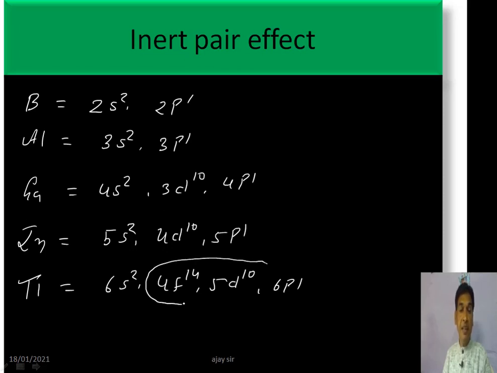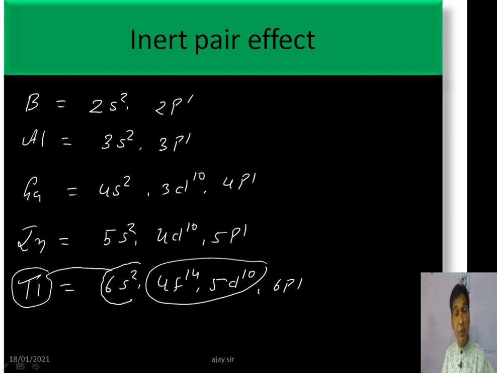There are 24 electrons in the 4f and 5d subshells. They do not protect the 6s electrons from the attraction of the thallium nucleus. Then the thallium nucleus strongly attracts these 2 electrons, so they do not participate in the presentation of the oxidation number or formation of compounds.